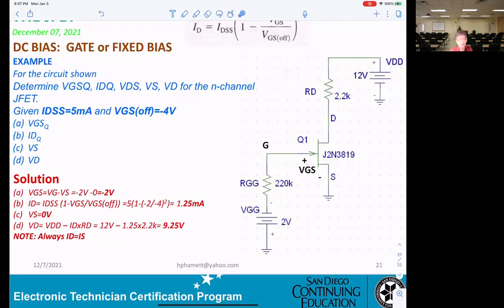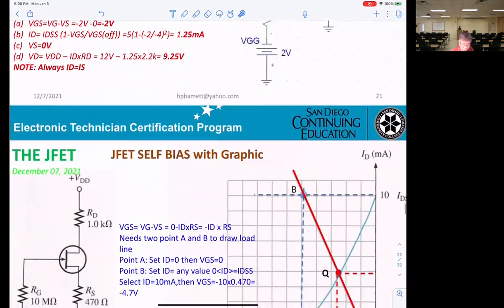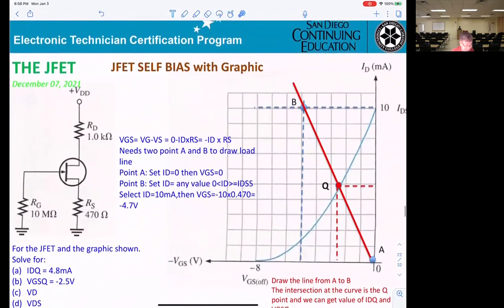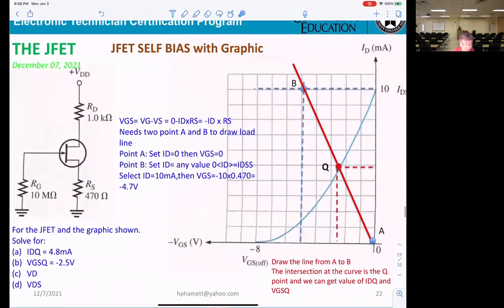If you still have a problem with the DC bias that gives you a really hard time getting through the amplifier... Now this one, we already got through it.